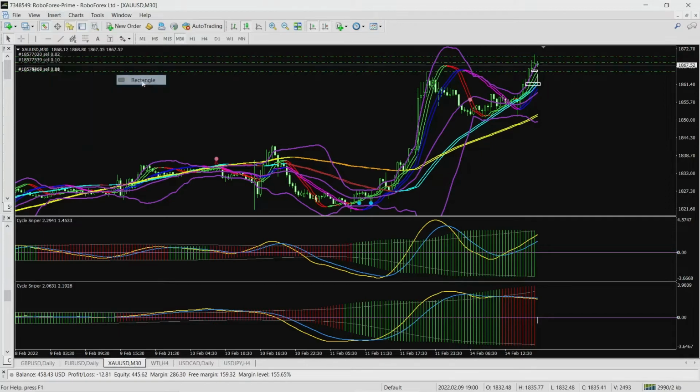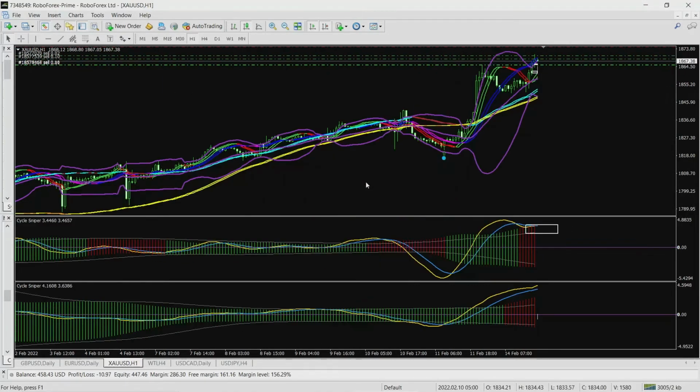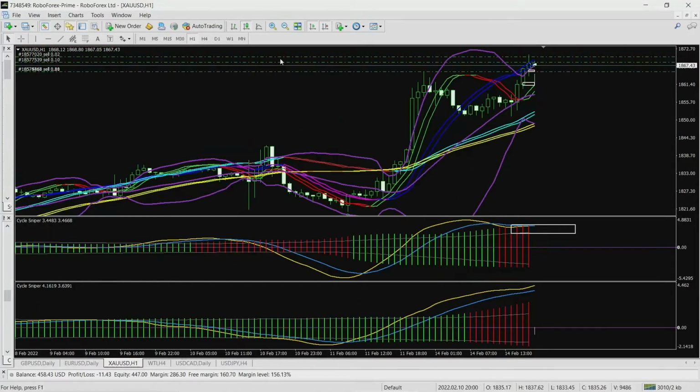When I'm looking at the different time frames, this was sell here. It will go down as well.